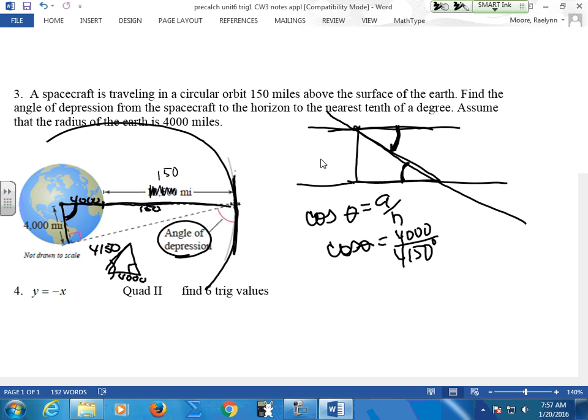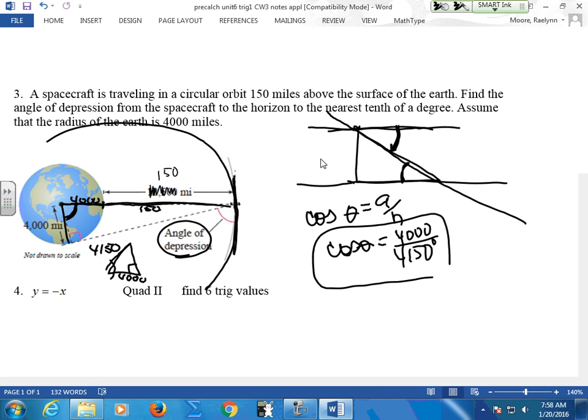Why are we doing cosine? Because we have an adjacent over a hypotenuse. Are we finding that angle because it's equivalent to the angle of depression? Yeah, technically this is where your angle of depression should be, but they're working on the other side because your triangle is way off, but the concept is there.